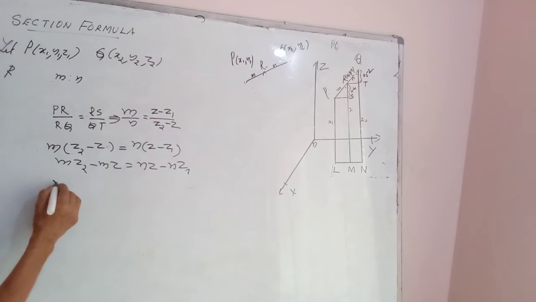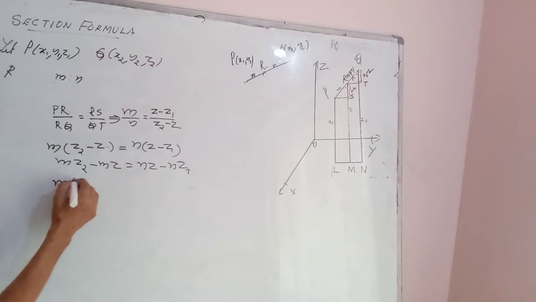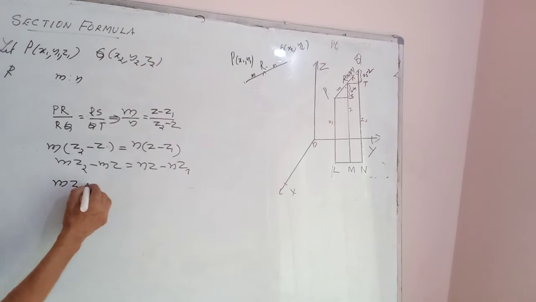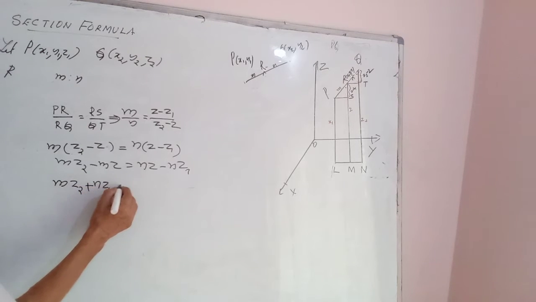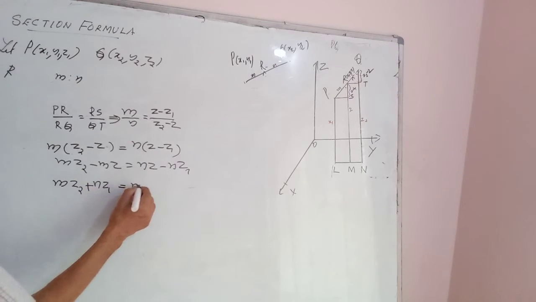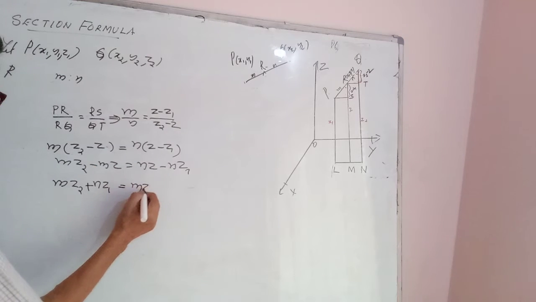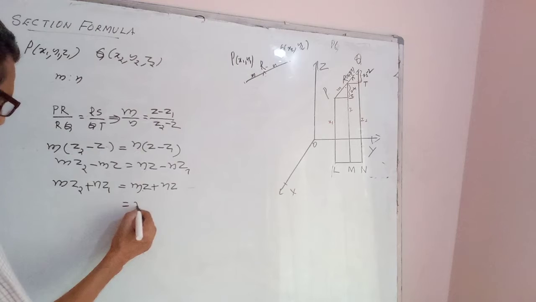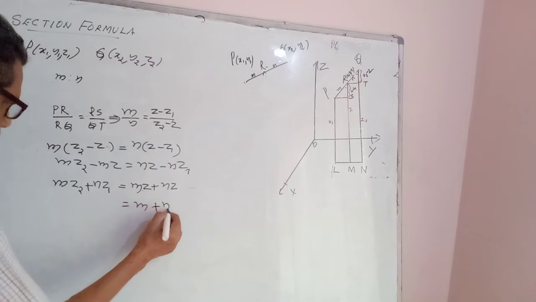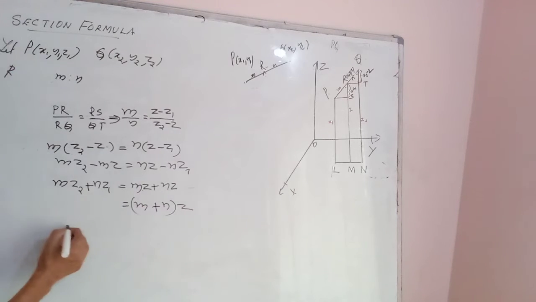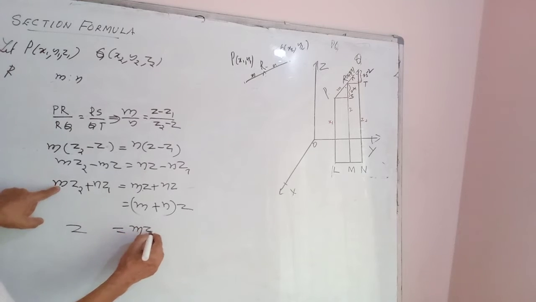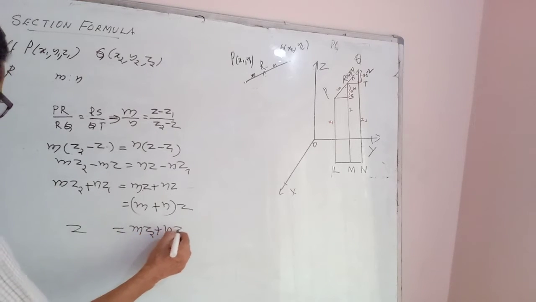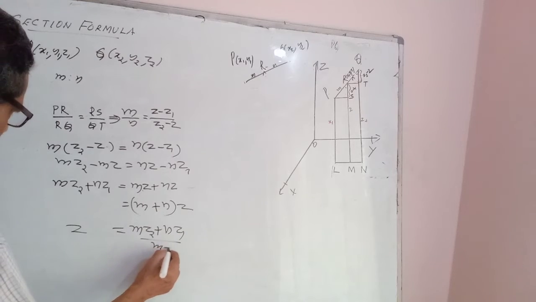So m z2 plus n z1 is equal to, when you bring this to this side, m z plus n z. We can take z as a common factor. So (m plus n) into z. What is the value of z? z is (m z2 plus n z1) by (m plus n).